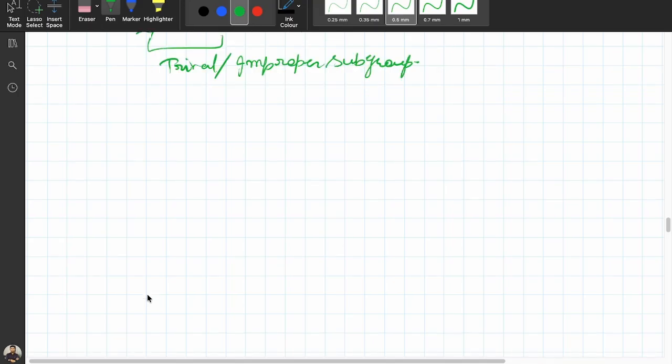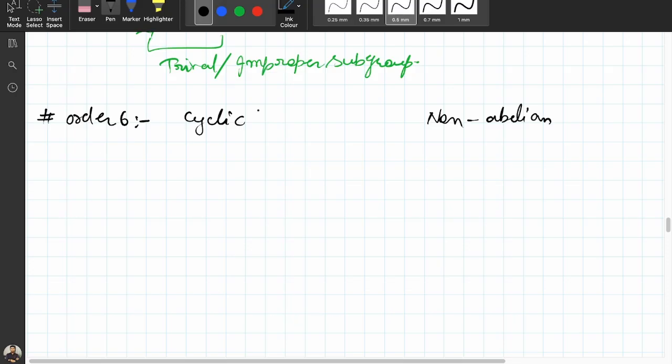Now order 6. So from here we can see groups of order 6. Two groups will be there: cyclic and non-abelian. If it is cyclic, then of course it is abelian. So we can consider Z6, or we can consider S3, whose order is also 6. What are the subgroups of Z6?